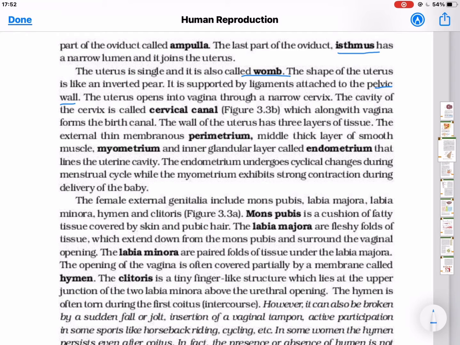The uterus opens into vagina through a narrow cervix. So the opening of the uterus is also known as cervix. The cavity of the cervix is called cervical canal, which along with vagina forms the birth canal. So cervix और vagina को canal को मिलाकर कहते हैं birth canal.